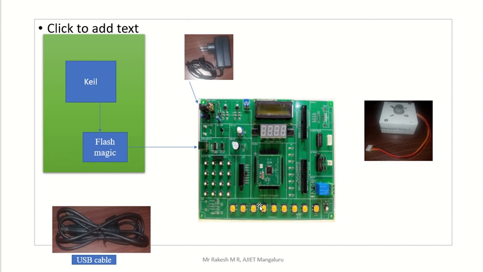In our program we selected two keys. One key is to rotate clockwise, another key is to rotate anti-clockwise. If you press that key, your stepper motor will rotate in clockwise direction. If you click on the other key, the stepper motor will rotate in anti-clockwise direction.